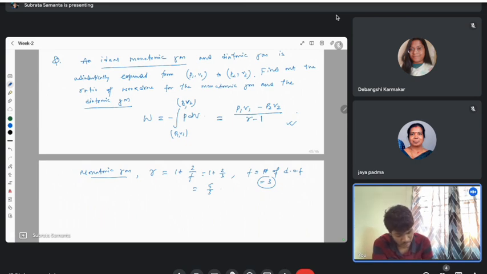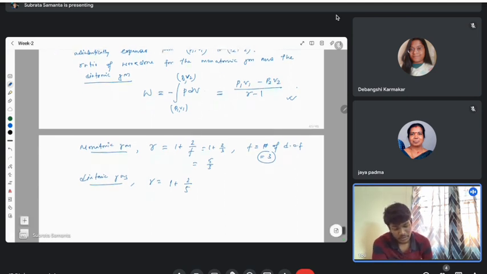For diatomic gas, gamma is 1 plus 2 by 5, right? We are only considering translational and rotational degrees of freedom at moderate temperature, not the vibrational. So that means it's 7 by 5.